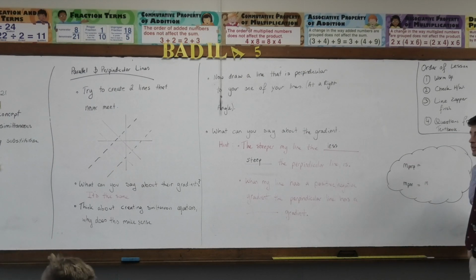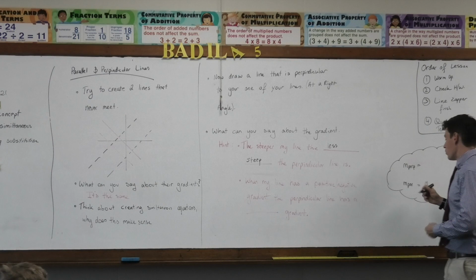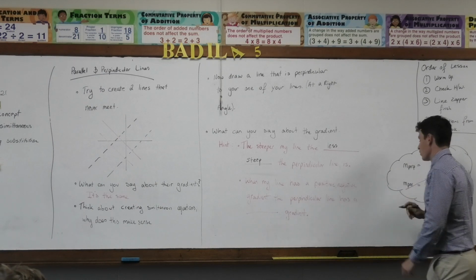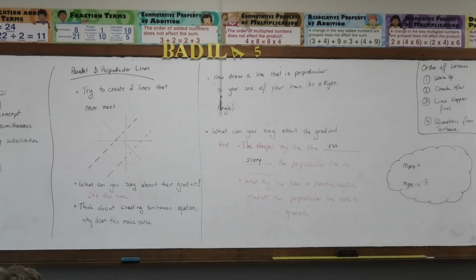But we do need an equation for our perpendicular line. So I want you to think and write down what you think the perpendicular line equation will be. This is going to be tricky, but I want you to have a think. The only signs that you can use are 1, a negative sign, and m. They're the only signs you will need, and a line maybe.